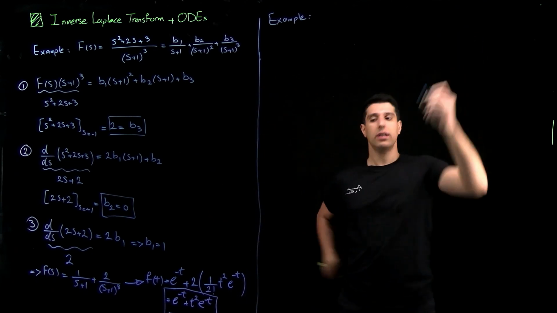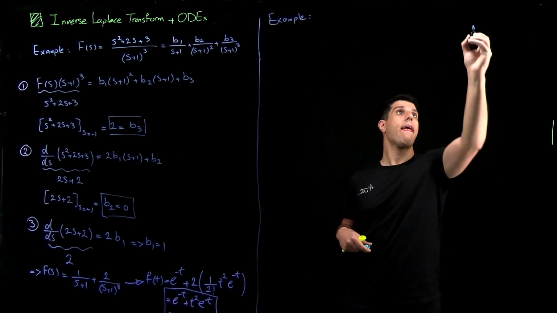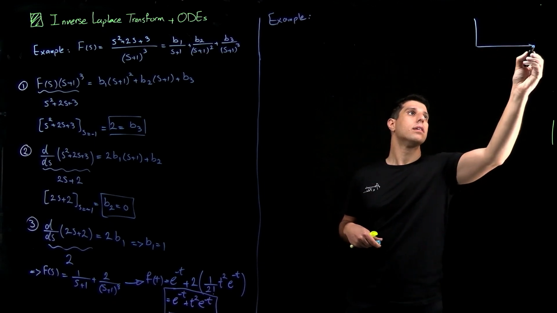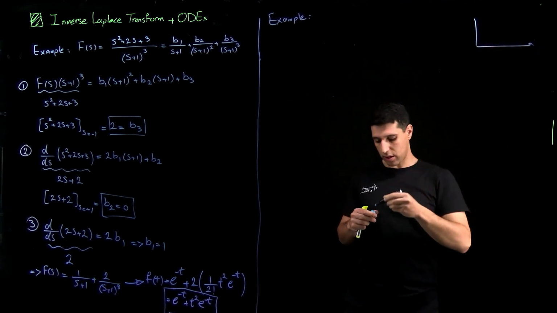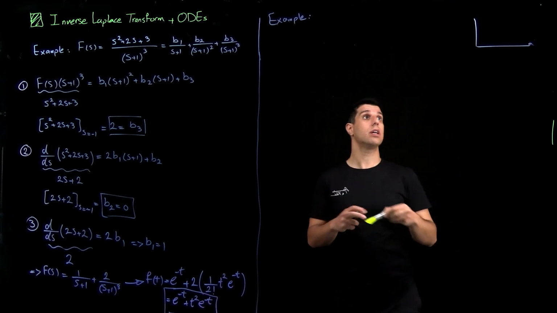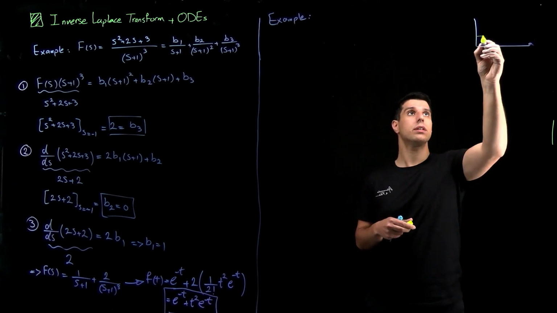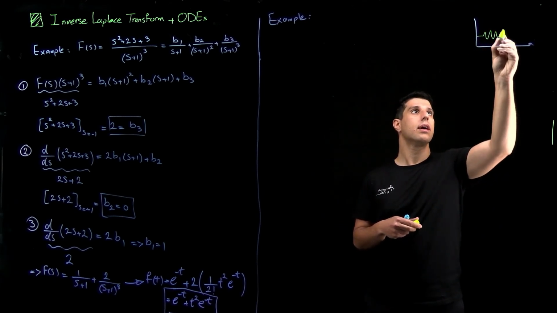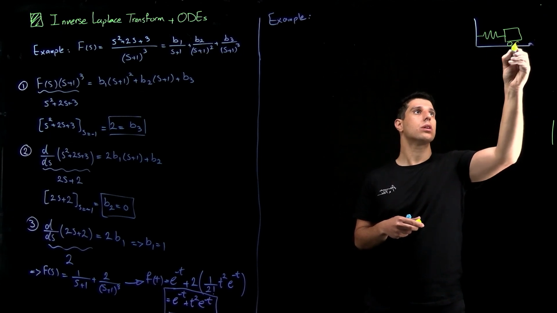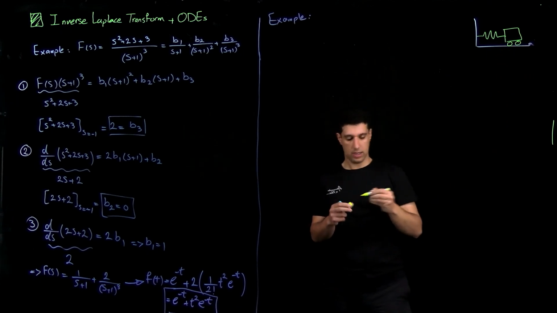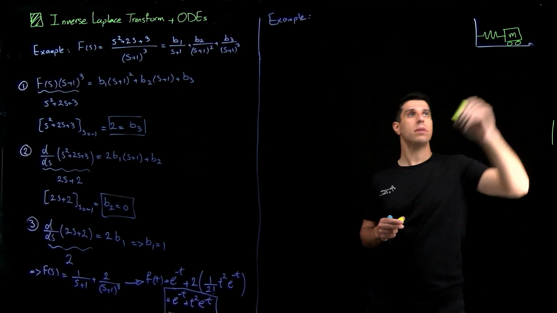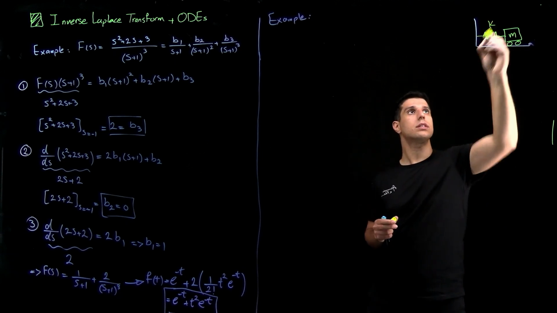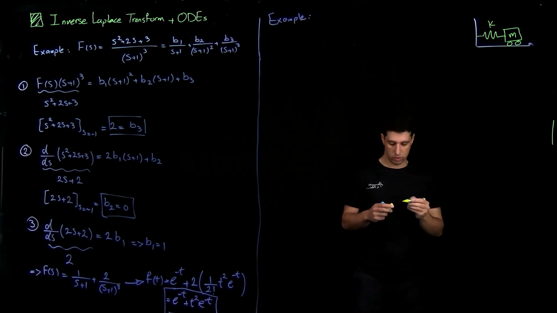I have this cart and pendulum, mass spring damper system. There is a spring attached to a cart. This one has mass m, and that one has a stiffness k. A very simple linear system.